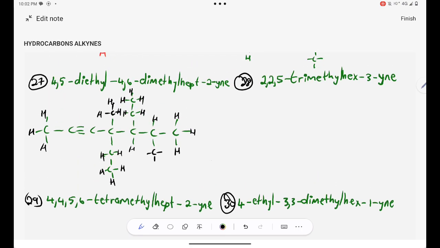Okay, for number 28, the parent chain has 6 carbons. 1, 2, 3, 4, 5, 6. Between 3 and 4, there's a triple bond, and then 2,2-dimethyl, and at carbon number 5 I also have a methyl there.